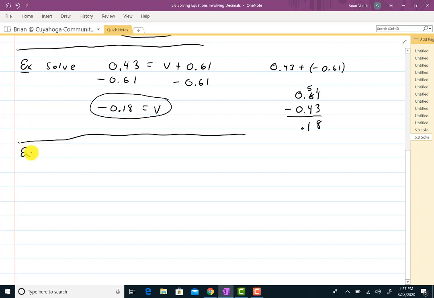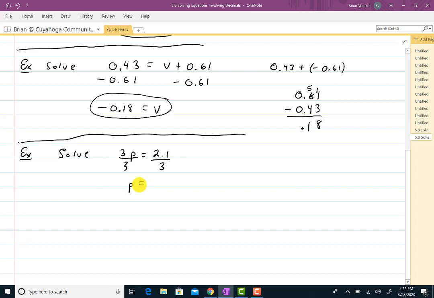Now another type that you had involved multiplication. Something like this. Solve 3p equals 2.1. So to do this kind of a problem, now I'm multiplying the letter p by the number 3. To undo multiplication, I'll use division.